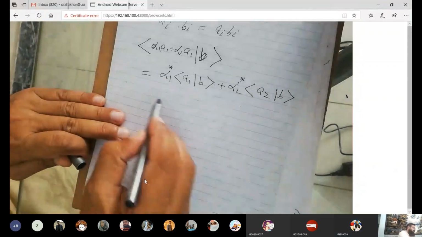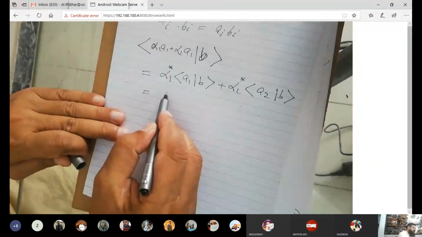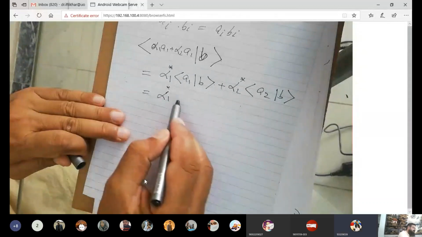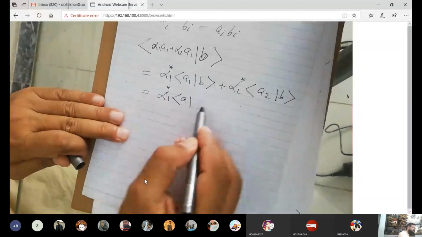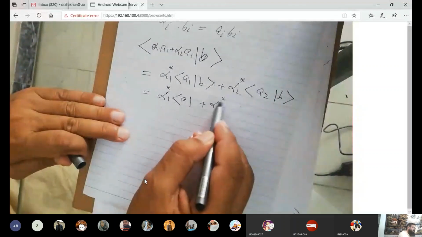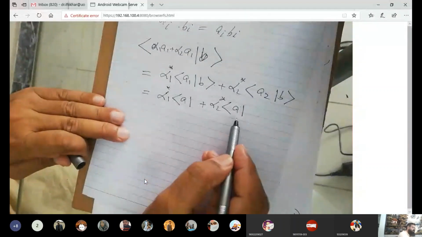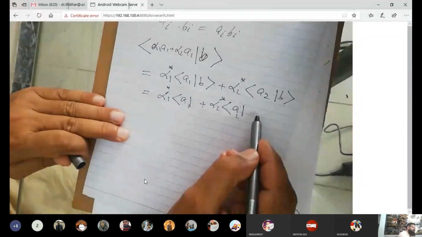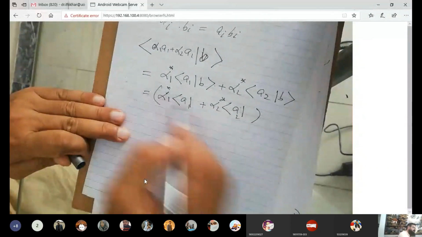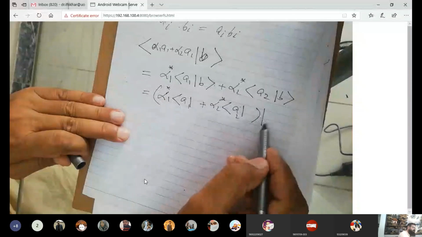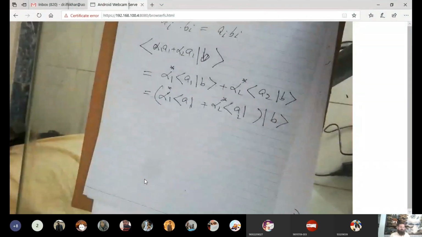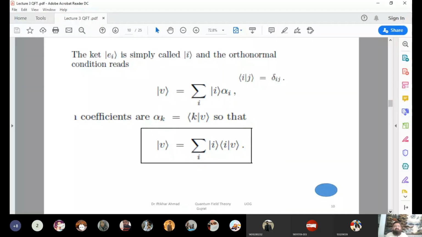Okay, the next one is, you can also take it as alpha 1 star bra a1 plus alpha 2 star bra a2, and then put the bracket and then this is b. Okay, this is slide number 10.